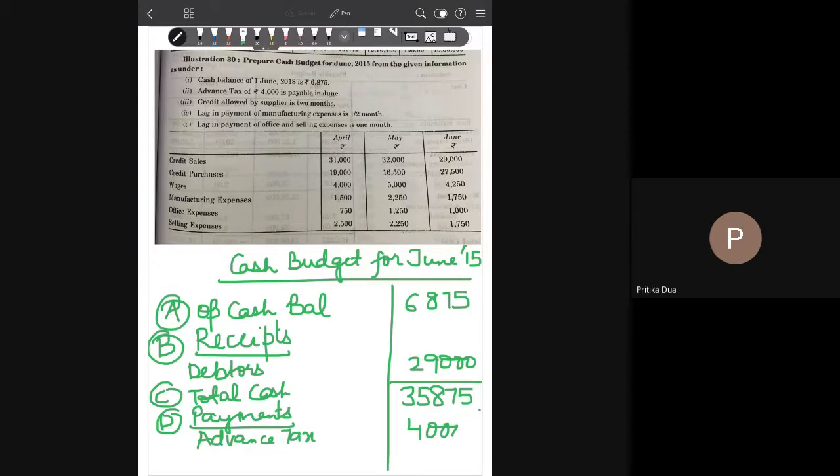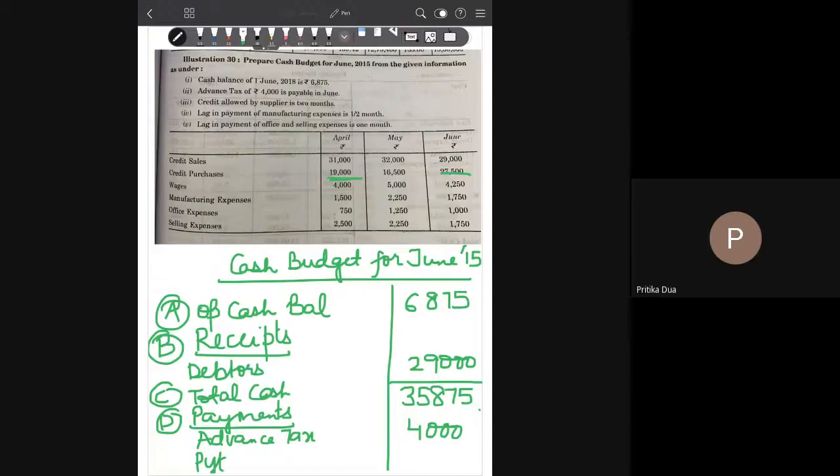So purchase of April will be paid for in the month of June. So I write down payment to creditors, and I am making the payment of the purchases made in April in the month of June.